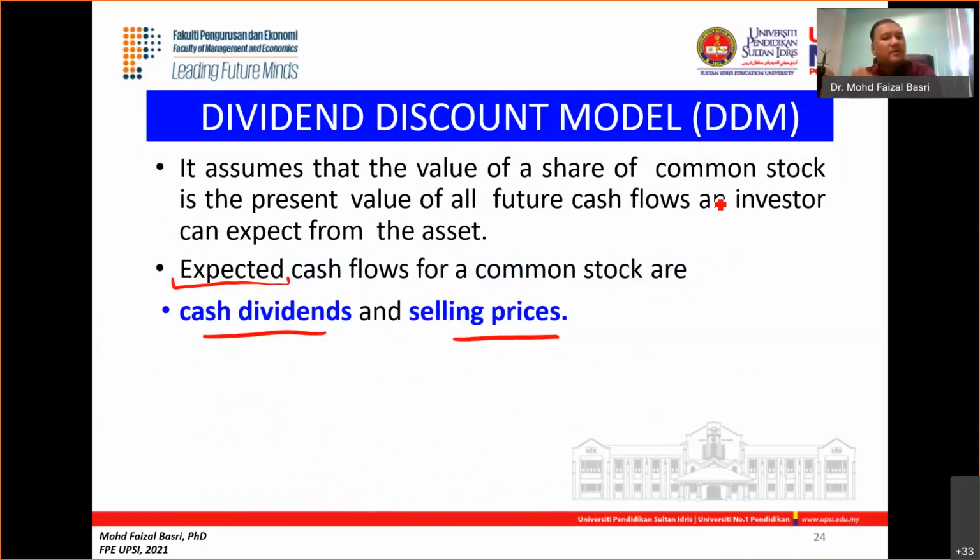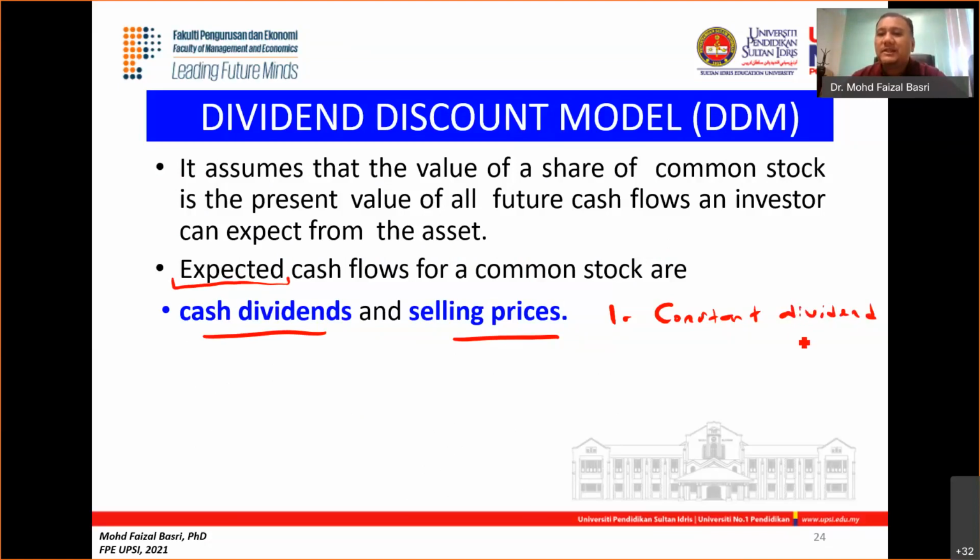So you will see a few formulas like so. But before we look at the formula, in fact, I will use my formula as well. Yeah, I use that one, much easier to use. But under the dividend discount model, we have 4 separate models, as I said. The first model is known as constant dividend model.